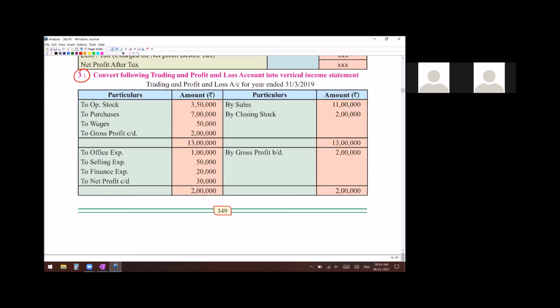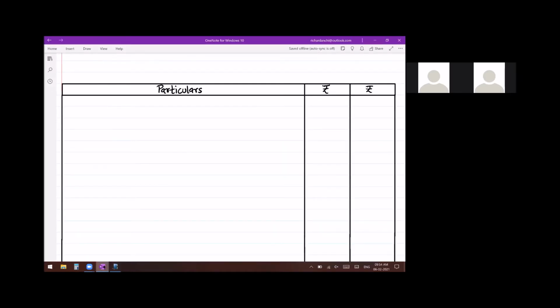So let's prepare now. In the format on top, you write down income statement for the period. They have given you the date here, so let's write income statement for the period ended 31st March 2019.